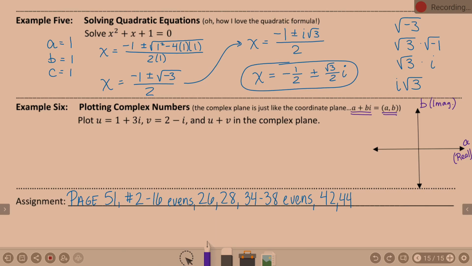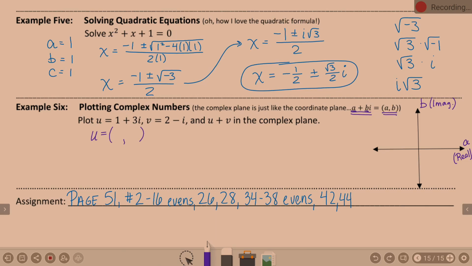So if u is 1 plus 3i, what is that as an ordered pair? It is 1 comma 3, because all we need are the a and the b values.